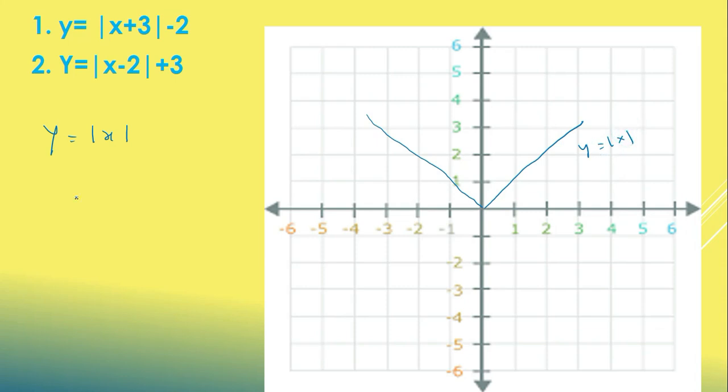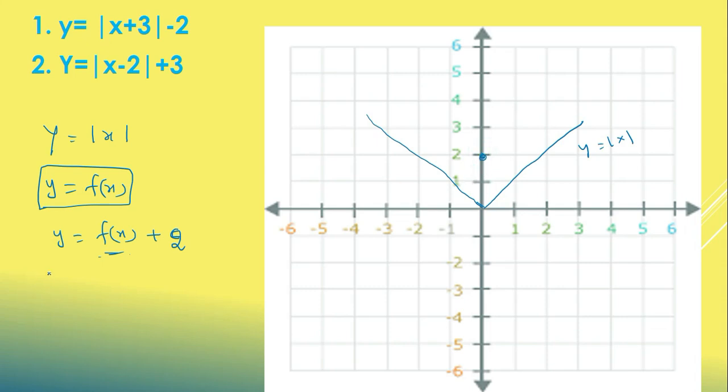Okay, for such graphs I need to give you another piece of information. If I write y is equal to f of x, and I know the graph of f of x, and then you want to draw f of x plus some constant, for example 2, when I add 2 outside of the function, then the graph of the original function f of x moves 2 units up.